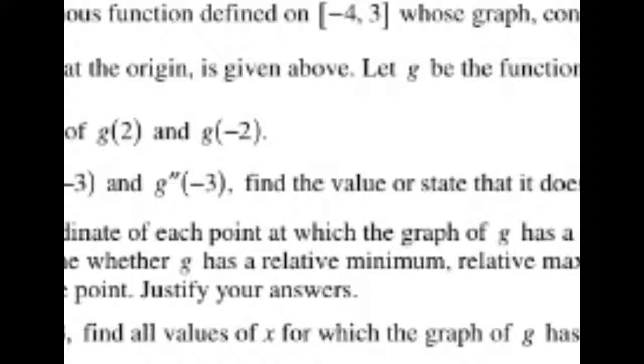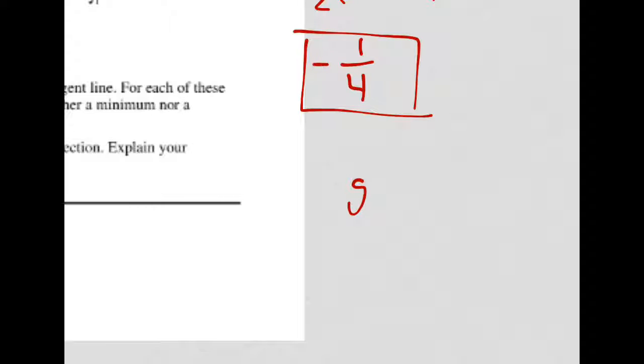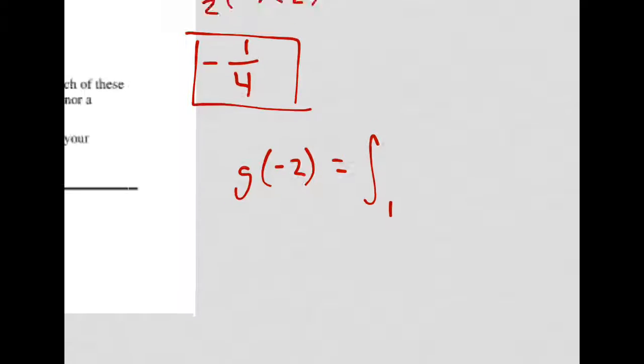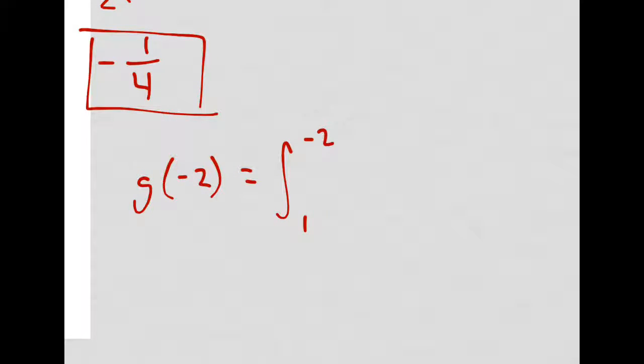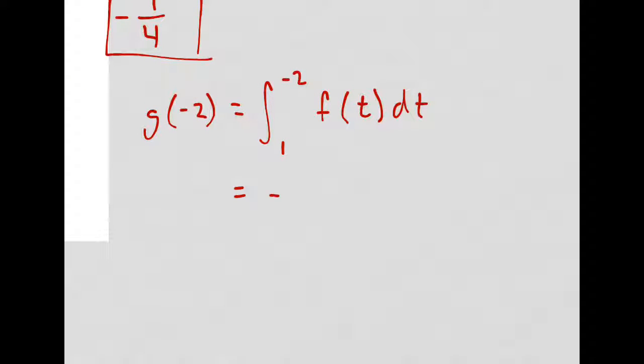Now what about g of -2? What do we do there? Well, for g of -2, we do the integral from 1 to -2. That's weird, it's backwards. That's not a problem. I know how to fix that. Make it negative, and then flip it around: -2 to 1. Now it's better.